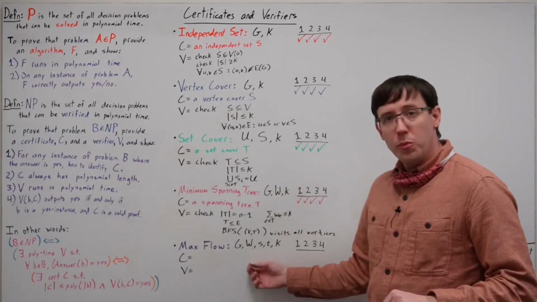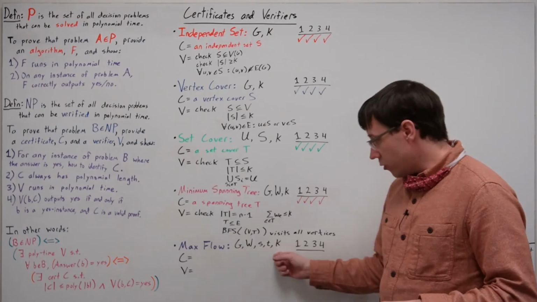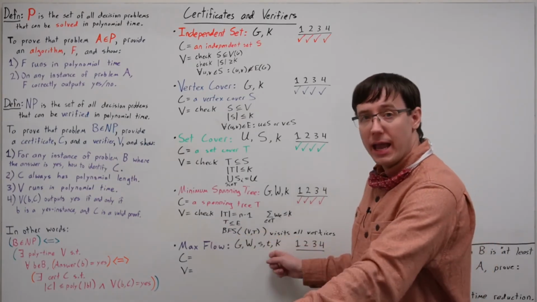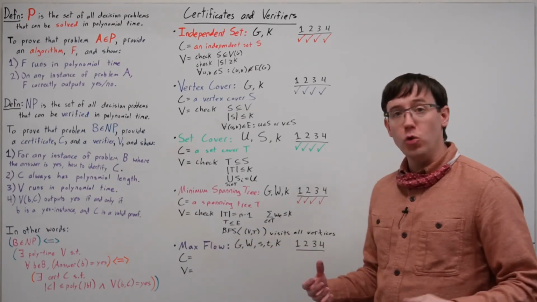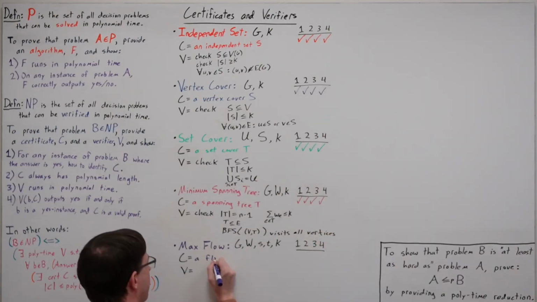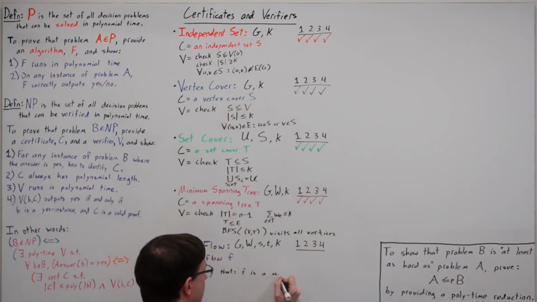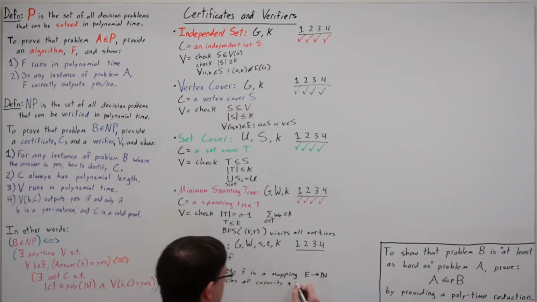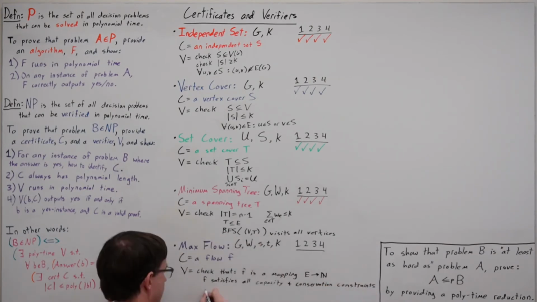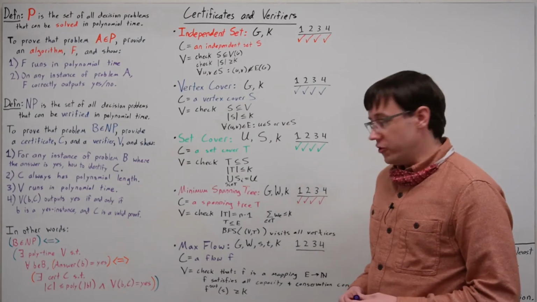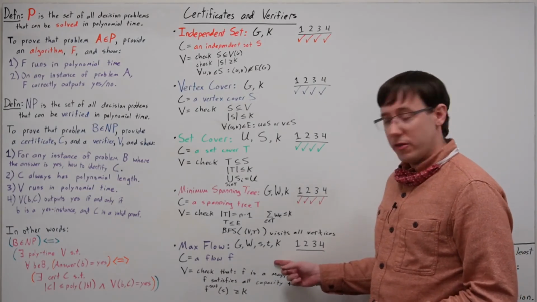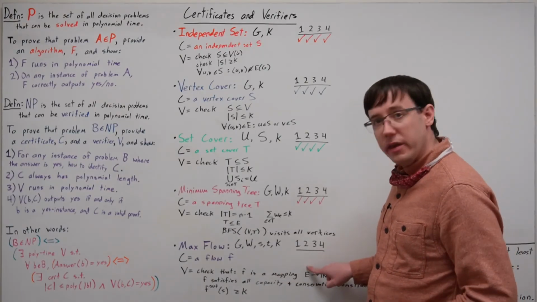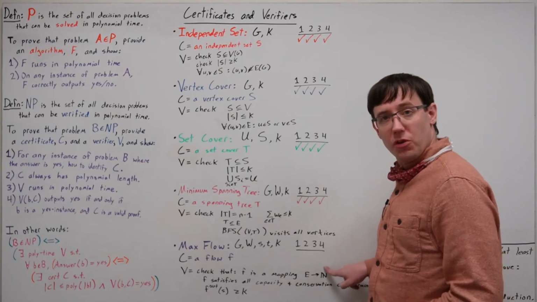What about the max flow problem? Well, for the decision version of this problem, we are asking, is there a flow of value at least k? And so our certificate could be to provide such a flow. And here the job of our verifier is to check that we have given a valid flow, which means that the flow must map the set of edges to natural numbers.